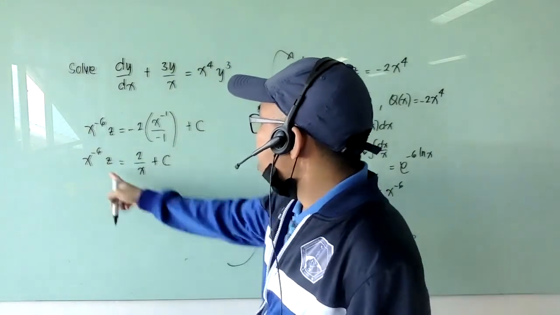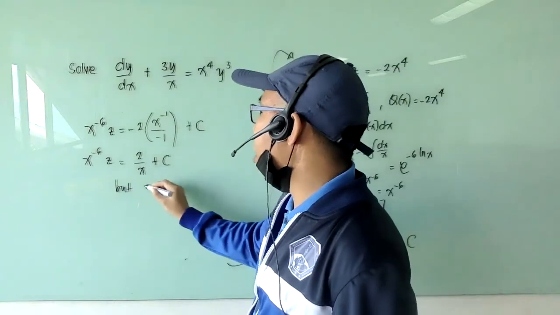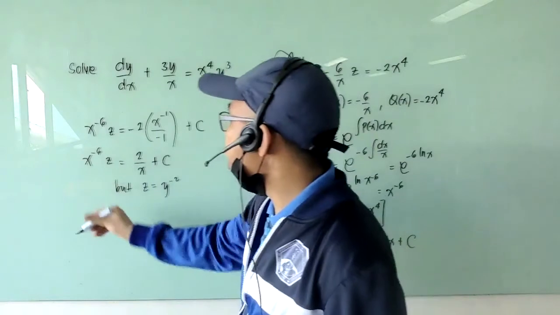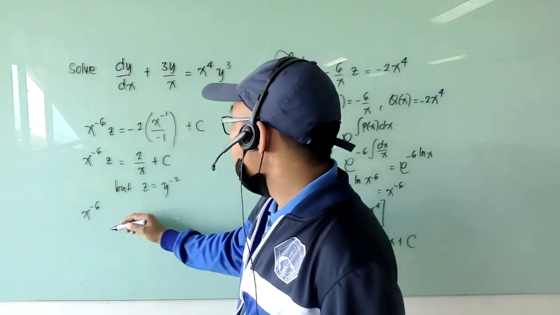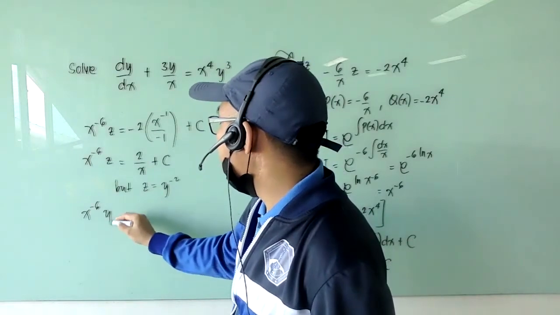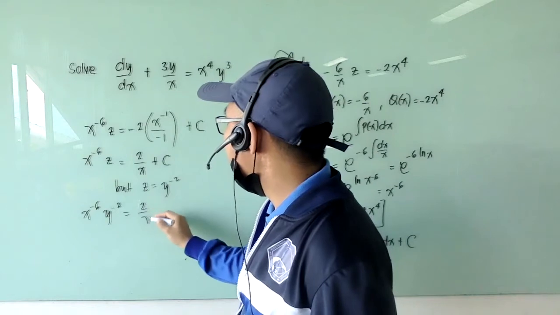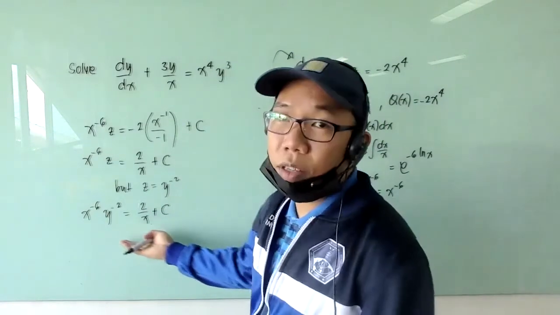Now z is not the original variable, but z is equal to y raised to negative 2. So you plug it in here, x raised to negative 6 times y raised to negative 2 equals 2 over x plus c. So this is now the general solution.